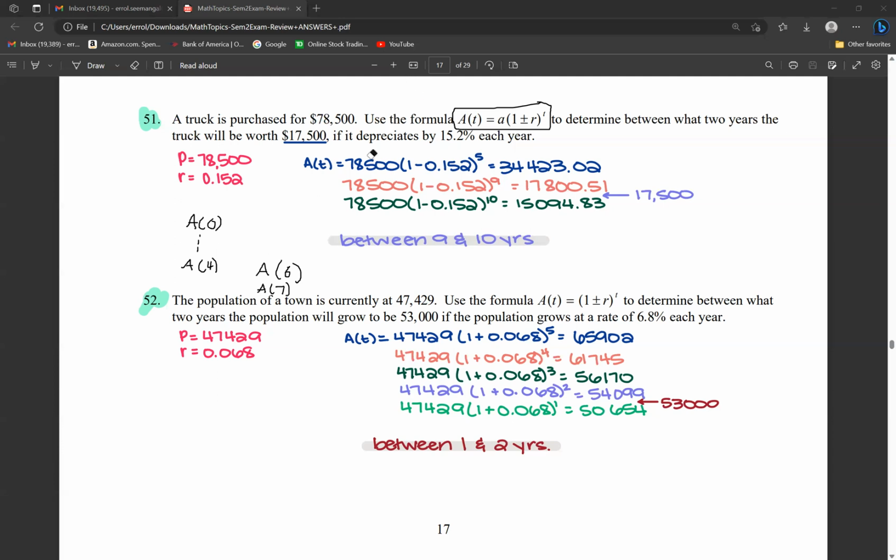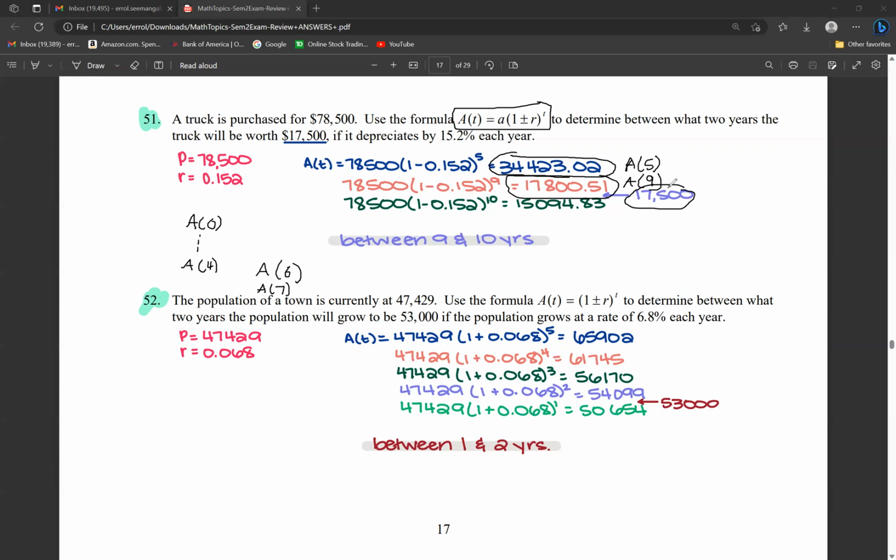So she skipped straight to A5, but she noticed A5 is 34,000, still well above 17,500. So the next one she tried was A9, which is just above 17,500.